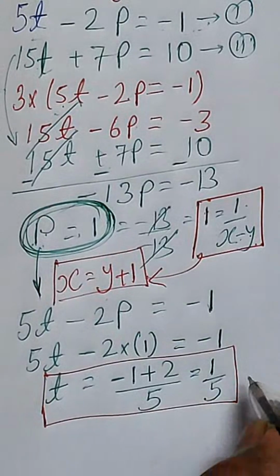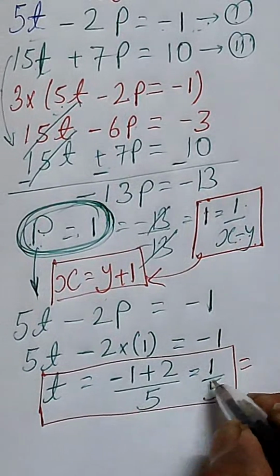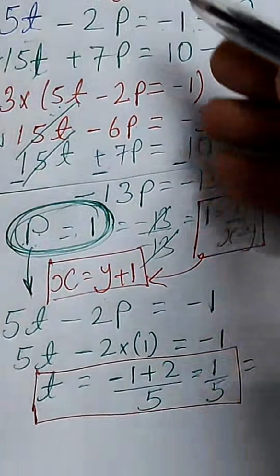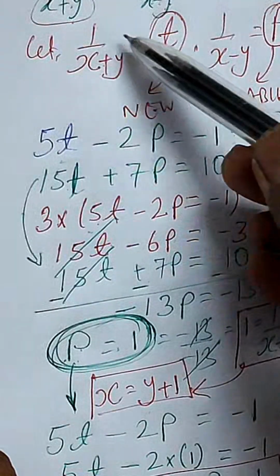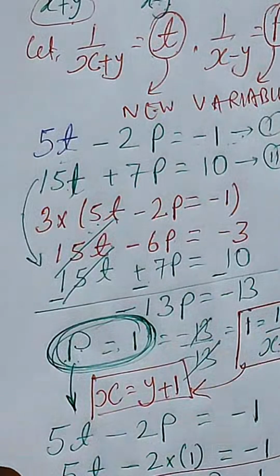Basically this 1 by 5 is actually the value of t, which is 1 by x plus y. You can see over here 1 by x plus y, what we have assumed, right?